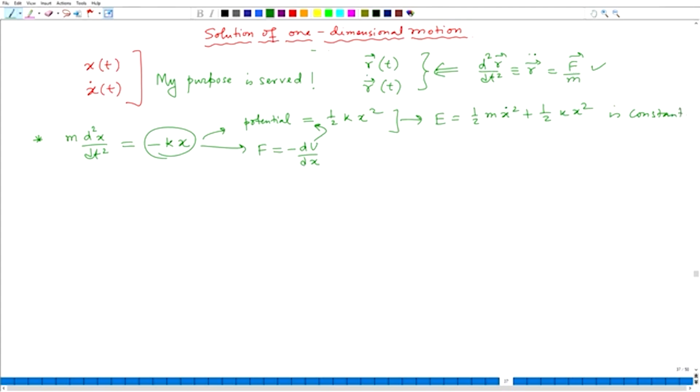Before using the conservation of this total energy E, I will first tell you the conventional method.